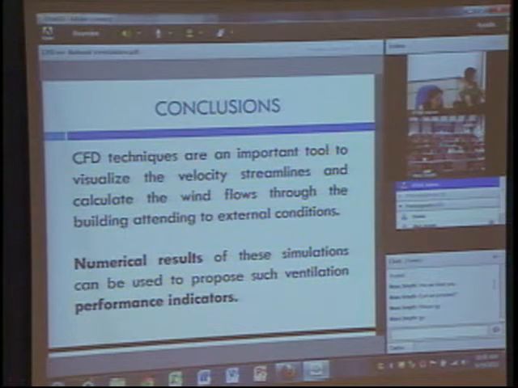In this sense, CFD techniques can help us, and they can give any sort of numerical result for quantification of velocity, flow, or temperature, which can give us any performance indication of the behavior in the building.